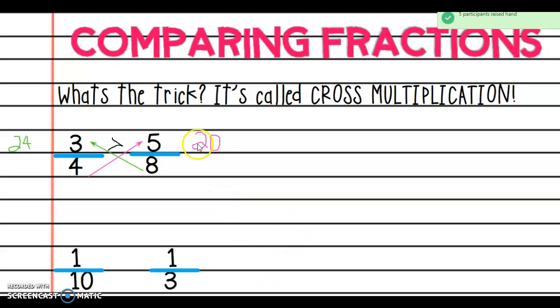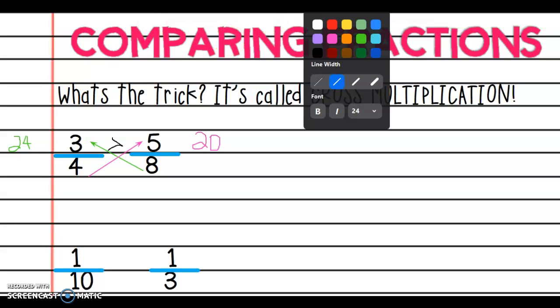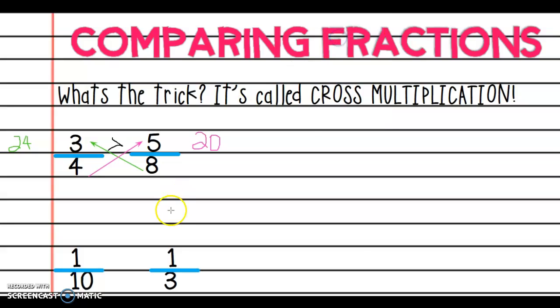Can I do the next one, Miss Holmes? Can I do this one? Is that Roberto? Yes. Okay, go ahead, Roberto. I'm writing the problem. First, you have to multiply 10 times 1, which gives you 10.